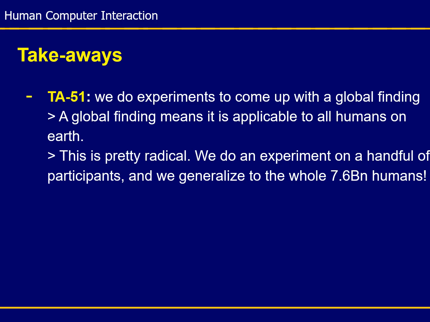The reason why all scientific disciplines, including also business and economics, are very interested in experiments and do experiments is because of the power of experiments. Experiments are not about drawing a conclusion for the participants whom you're conducting the experiments on. Experiments are about drawing a conclusion that is applicable to all humans on Earth. And this is very, very radical.